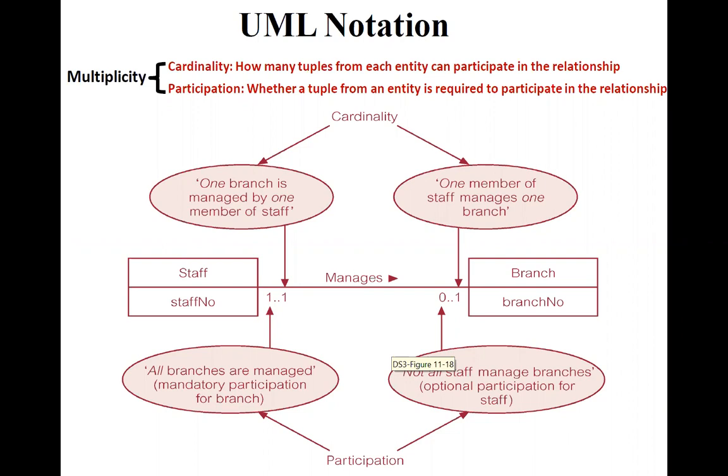And with UML, you will see these 2 numbers. Generally speaking, the first number indicates the participation. It's either 1 or 0. The second number is the maximum cardinality. In our example, that's 1. Any question?